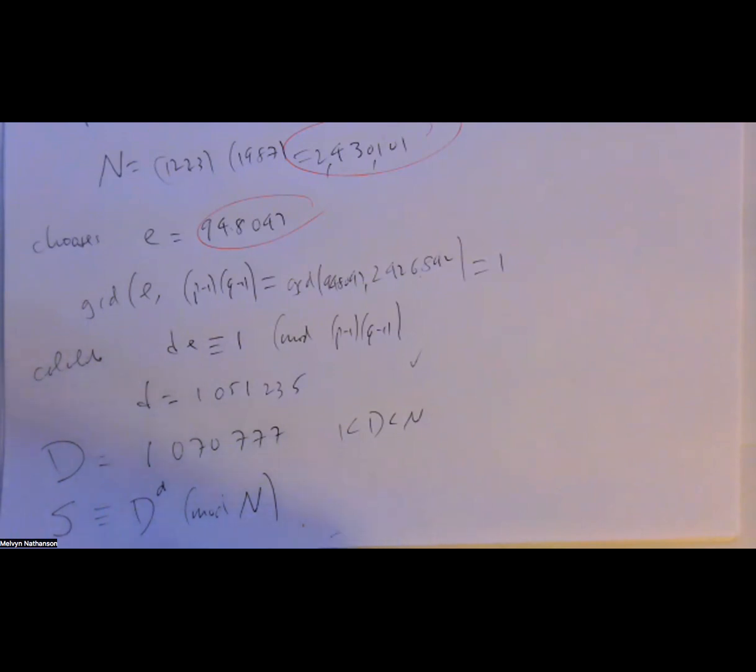So let me see if Maple can do this. I actually have no idea whether it can deal with these numbers. So let me go back to Maple and share the screen.